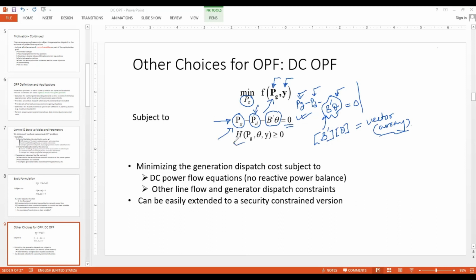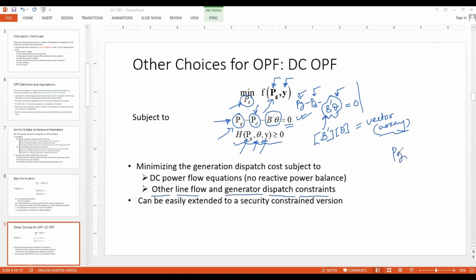And the inequality constraints, you see here we have PG, this is our decision variable, theta, this is the bus voltage angles, and these are the parameters. So the inequality constraints, one example could be the line flows, and generation dispatch constraints.